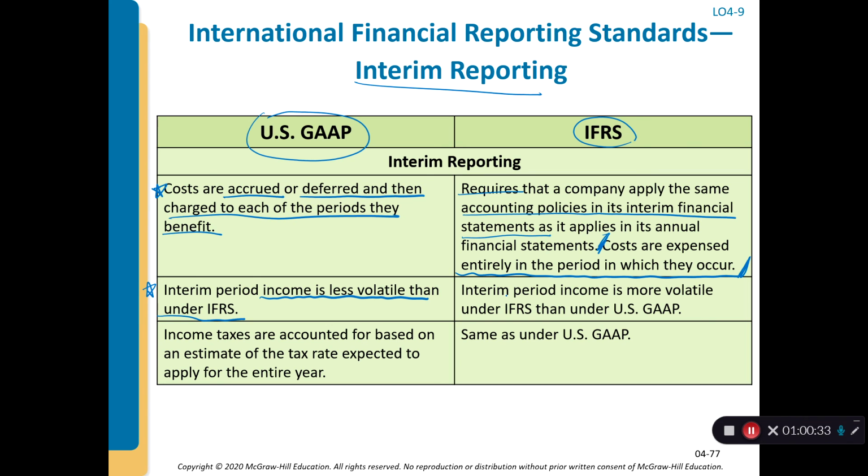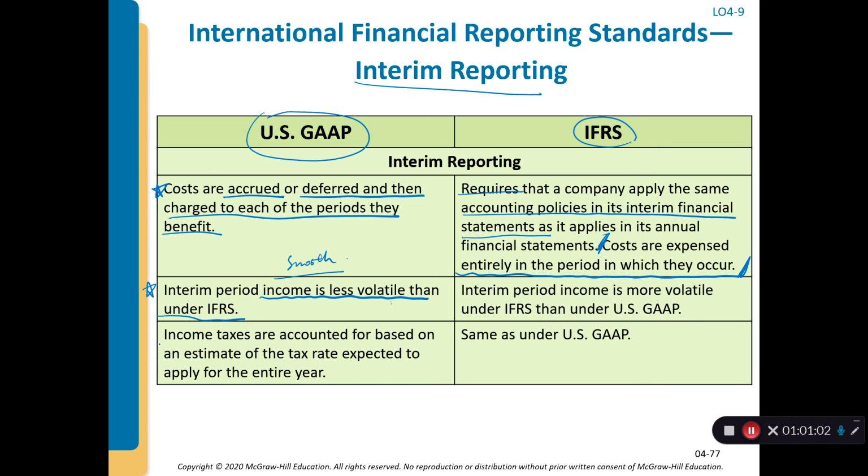And by doing that, you can see the US gives the financial preparers a bit of an opportunity to smooth the net income over different periods, or put it another way, the income will be less volatile under the GAAP rather than under the IFRS reporting standards, right?